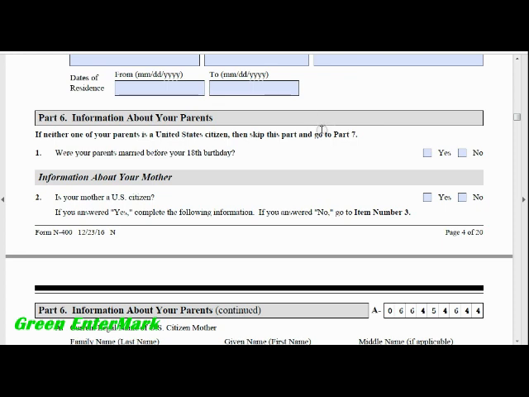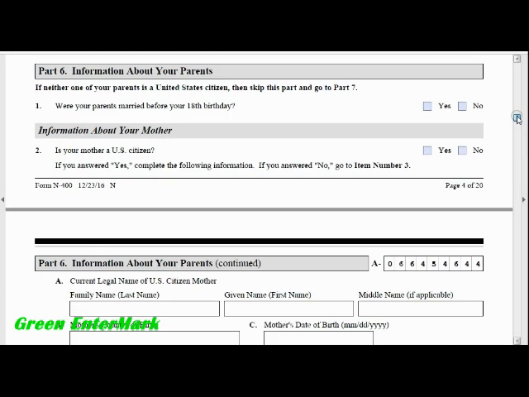But if either your mother or father is a citizen of the USA, you have to mention here all the information regarding your mother or father who is a US citizen. Were your parents married before your 18th birthday? Yes or no? Is your mother a US citizen?